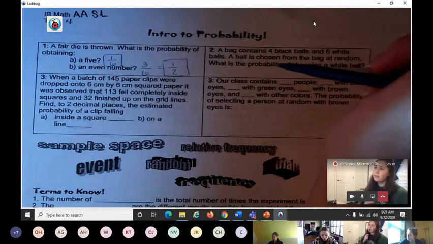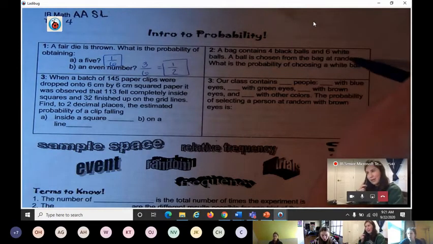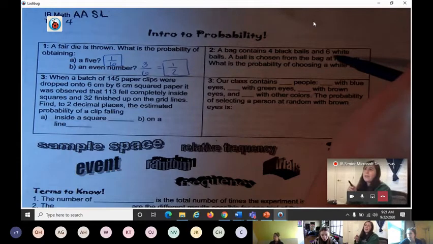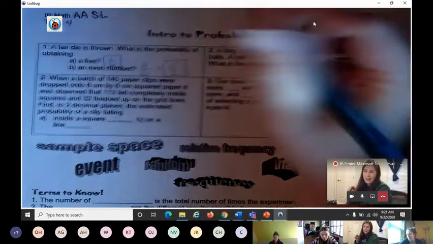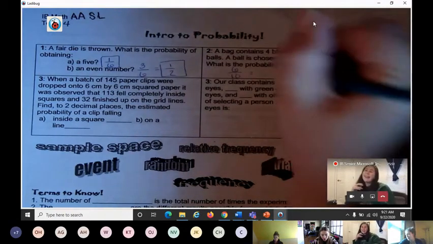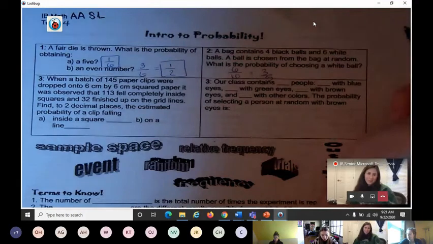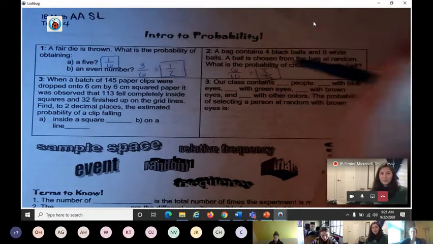So it asks what is the probability of choosing a white ball? How many white balls are there? It would have been 6/10. Okay, good job. It's okay. So 6/10, which reduces to 3/5. And that would be our final answer. Good job.